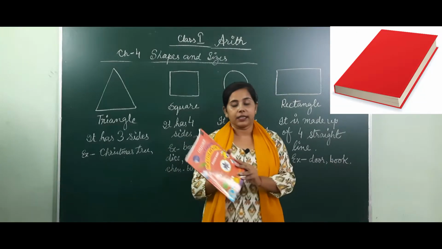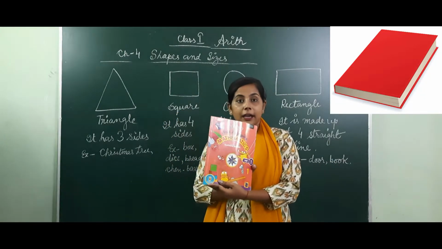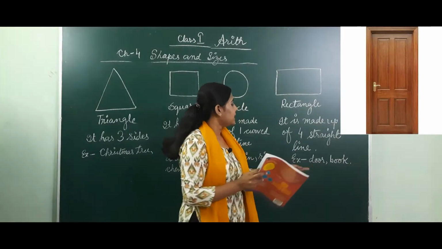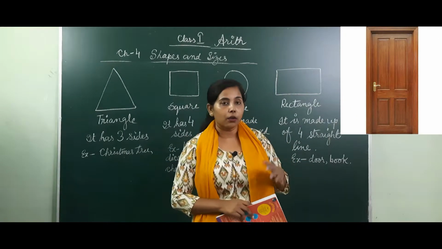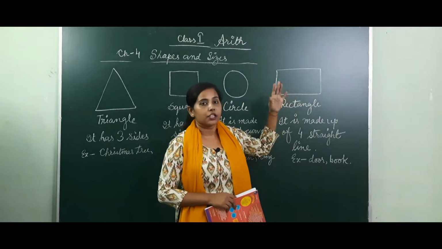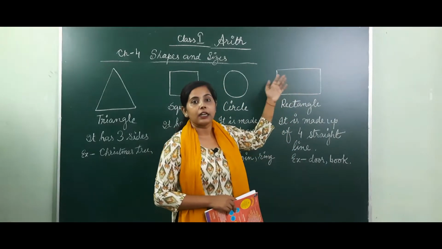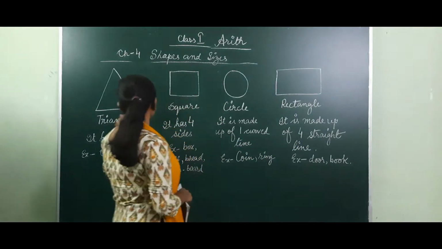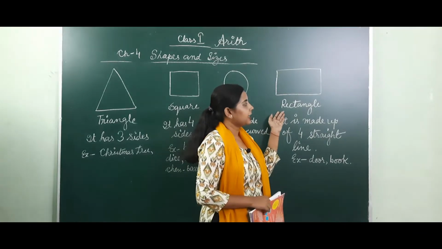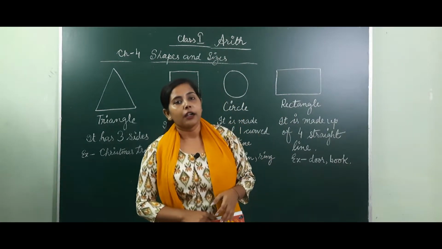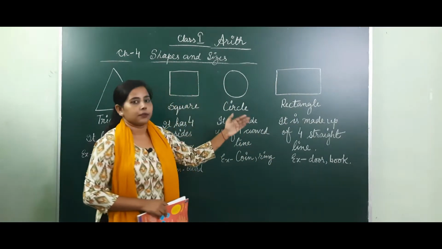The book you can see here is not a square, it is a rectangle. And the door of your house, you can see its shape and you will know what a rectangle looks like. This shape is known as rectangular shape. Most of the things you see around are forms of these basic shapes.